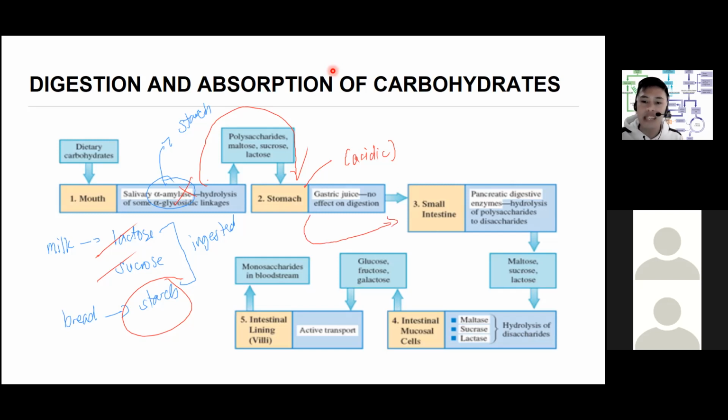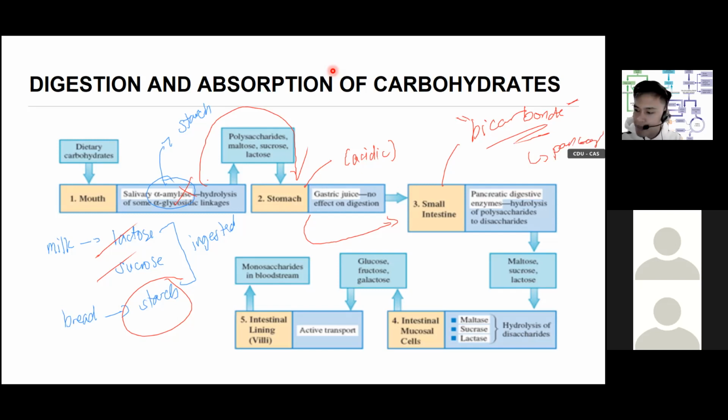So in the small intestine, what happens? The pancreas will release bicarbonate. What's the action of bicarbonate? It will neutralize the content of the stomach. Therefore, upon reaching the small intestine, the acidic contents coming from the stomach are neutralized by the bicarbonate secreted by the pancreas.